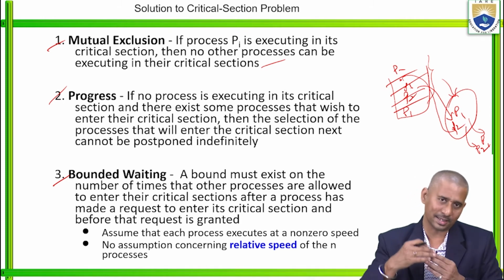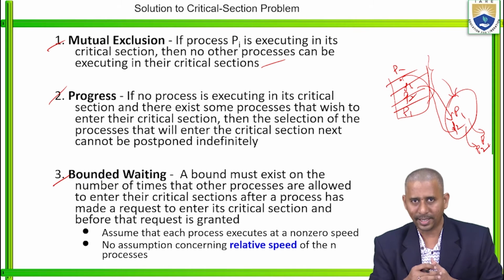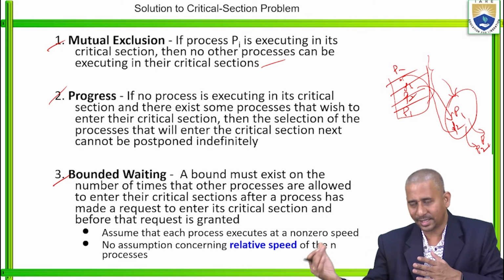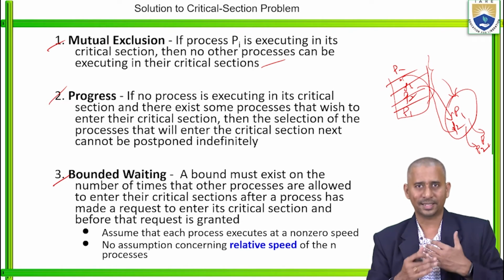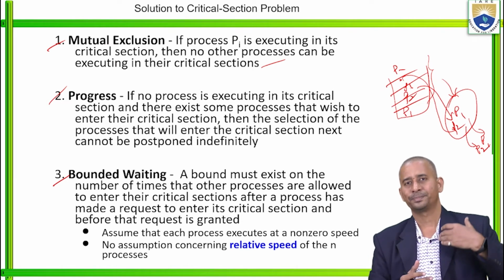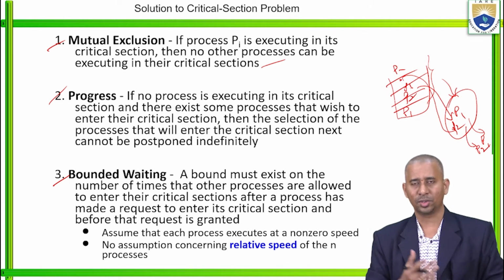Once the request is transferred from process to the system, meanwhile the system still doesn't respond to that particular request. At the same time, some other process makes a request to enter into the critical section. So that is bounded waiting.